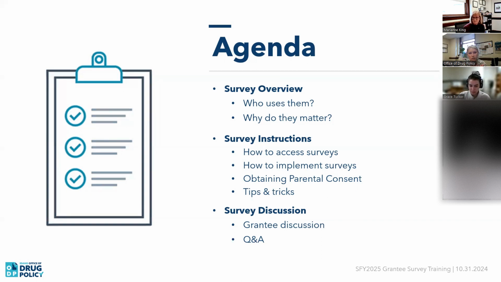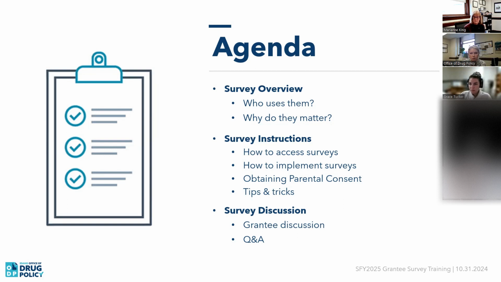And then we'll dive into survey discussion, where grantees will have an opportunity to both ask us questions and discuss surveys amongst yourselves. Hopefully we can go over this pretty quickly today, and then have some good time for grantee discussion and Q&A.